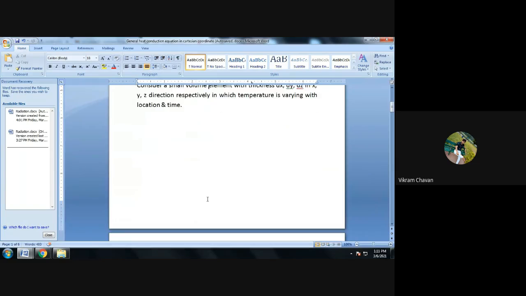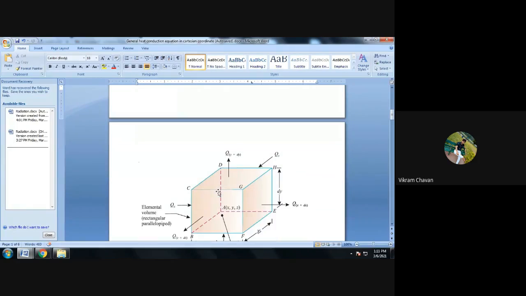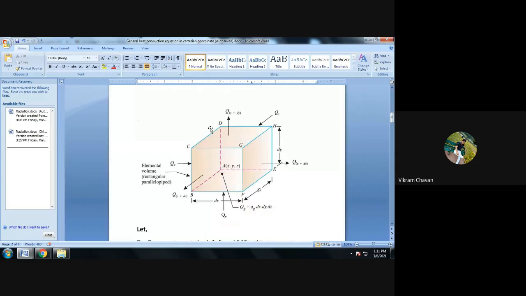So this is the element we have considered, an infinitesimally small volume element. So try to understand this particular diagram. We can say that this point A is the origin of all the axes. Consider this point A is the origin of all the axes, and from that particular point we are measuring the distance.